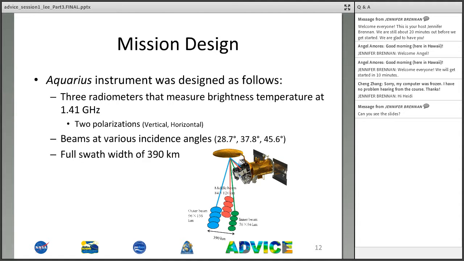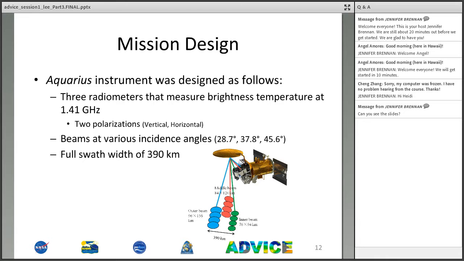So a bit more about the mission design. The Aquarius has 3 radiometers that measure brightness temperature at L-band. Each of those has 2 polarizations, so they provide different sensitivity for the measurements.